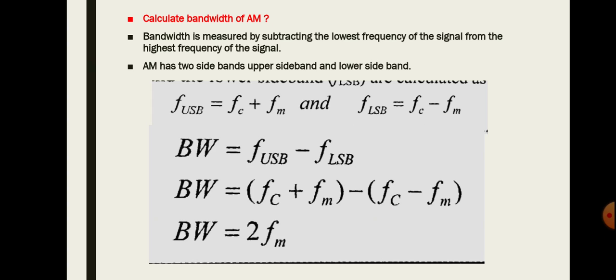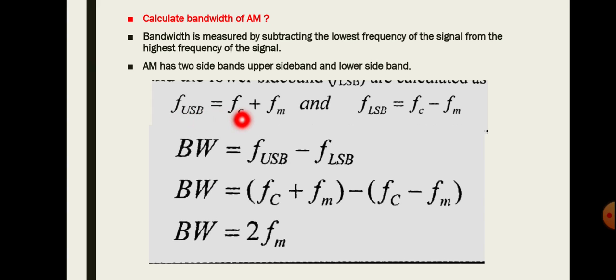In the amplitude modulated wave, we know that there are two sidebands, the upper sideband and the lower sideband. The upper sideband has a frequency Fc plus Fm, and the lower sideband has a frequency Fc minus Fm. Here LSB indicates the lower sideband, USB indicates the upper sideband.